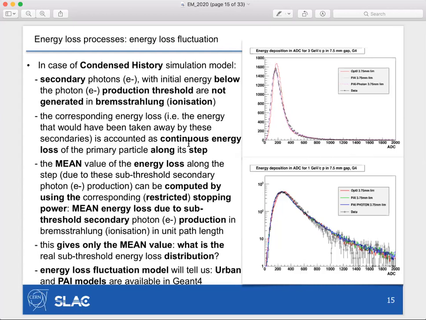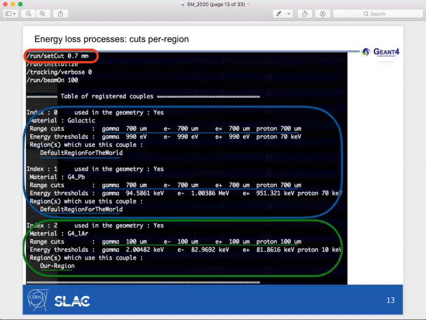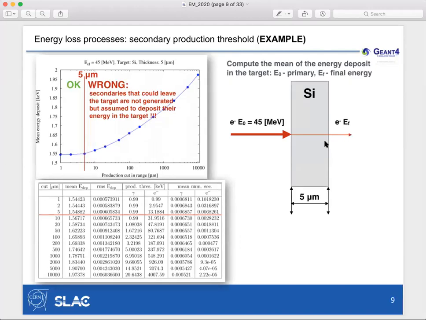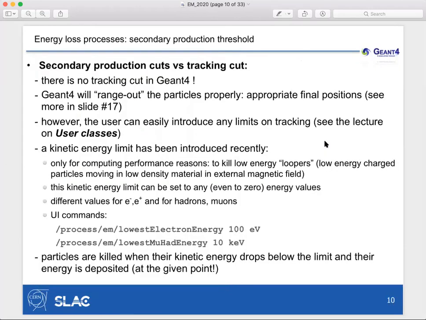In our case, if you think about the silicon, you would get a very similar distribution. The X would go from 0 to 45 MeV, since here we had a 45 MeV primary energy.